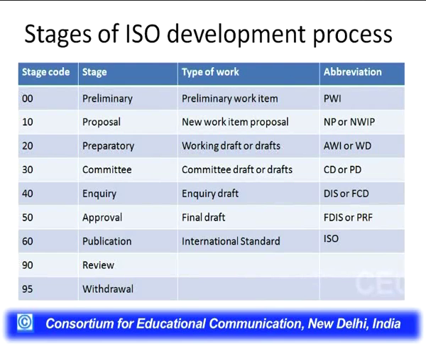If it meets the international standard, with the recommendation and consensus of representatives from various countries, sectors and organizations, then we will say that the draft has taken the form of ISO, or international standards, and the abbreviation of this stage is ISO.